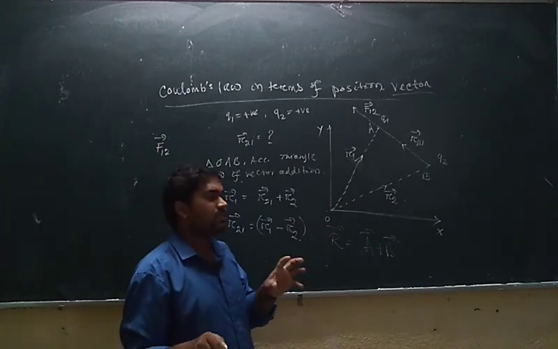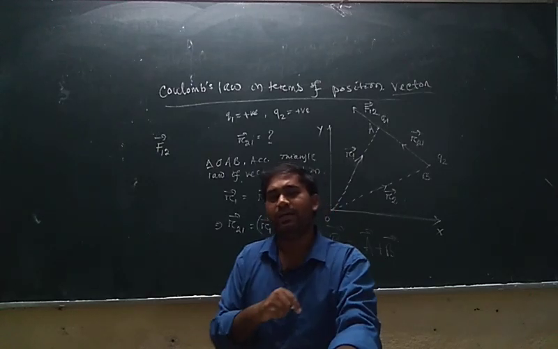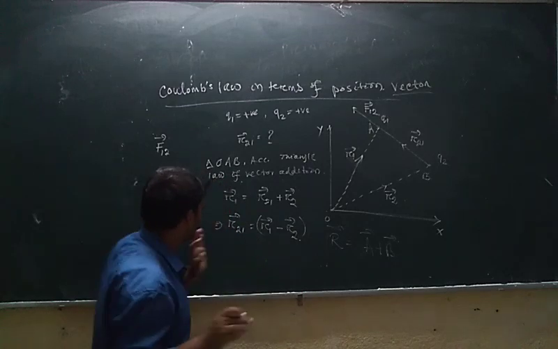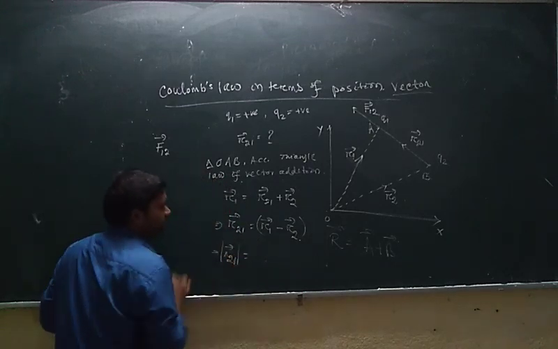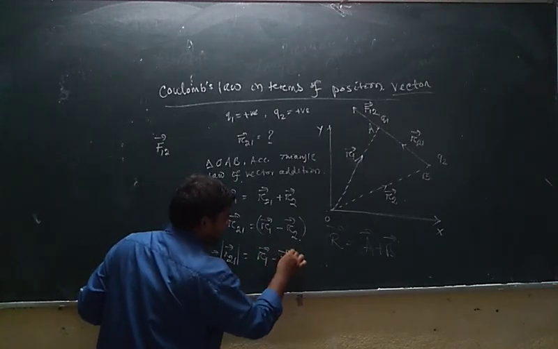Now Coulomb's law needs the magnitude of the square of the distance between the two charges. So the R21 vector magnitude will be the magnitude of R1 vector minus R2 vector.